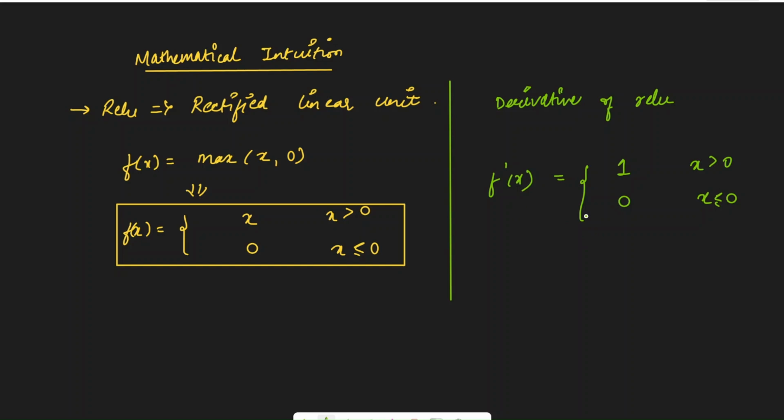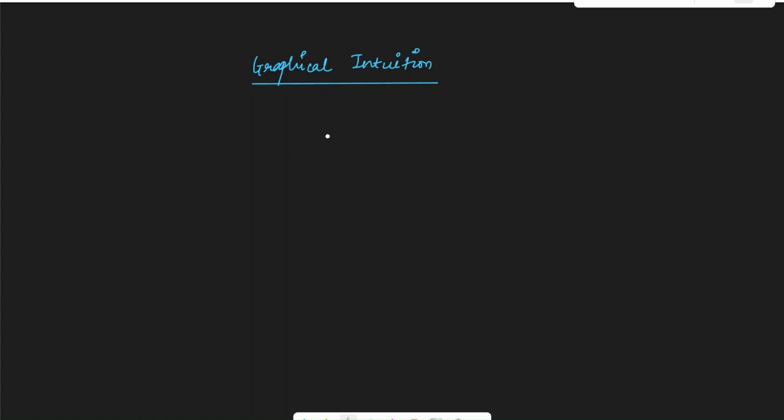Now let us try to plot these as graphs so that we can better understand and visualize this. If I try to plot this, then this is our y-axis, this is our x-axis, and the ReLU function, when x is in the negative region, so this is x. When x is in the negative region, then the ReLU function is equal to 0. That's why we will have this kind of a line.